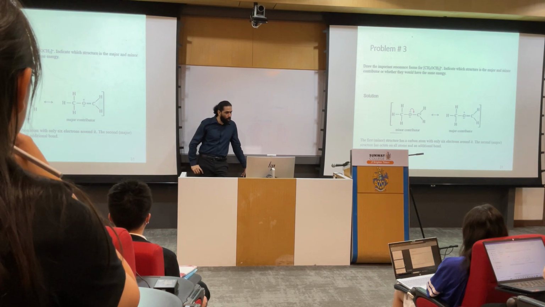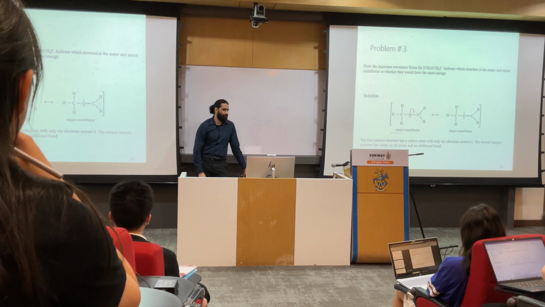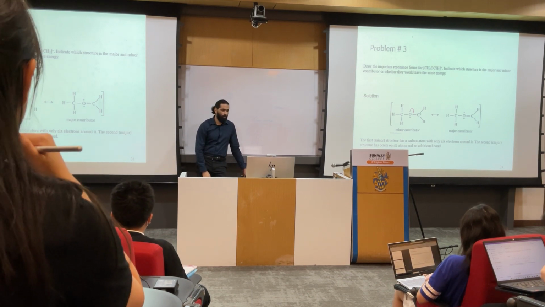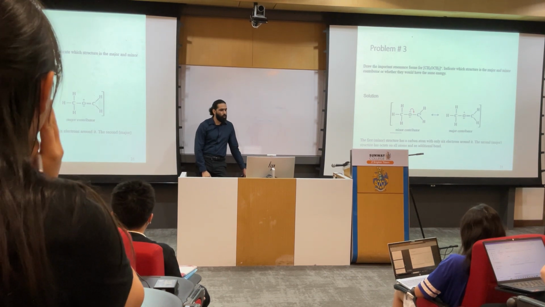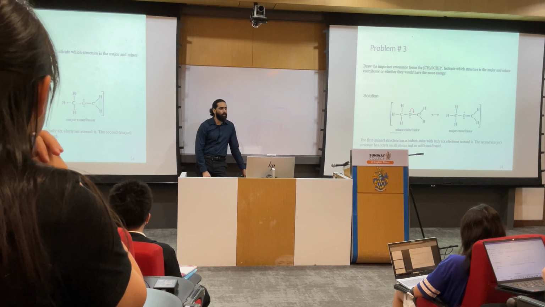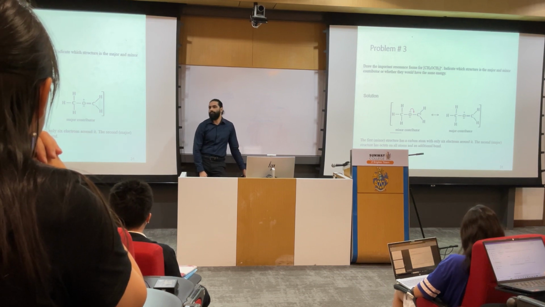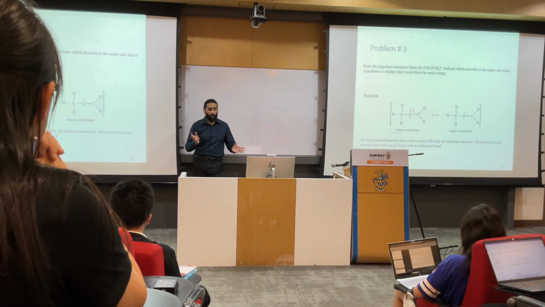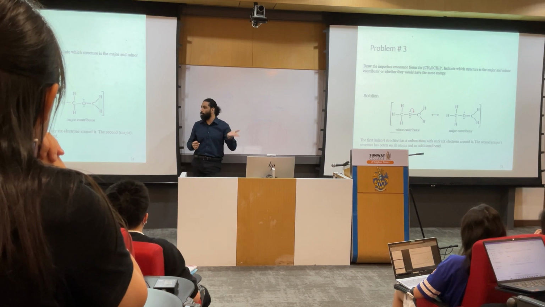What is the question? Draw the important resonance forms for this ion, which is CH3OCH2 with the plus charge. Indicate which structure is the major and minor contributor, or whether they would have the same energy. So you see how descriptive the question is. You cannot simply draw one structure in this case, because it is asked that you draw both major and minor.